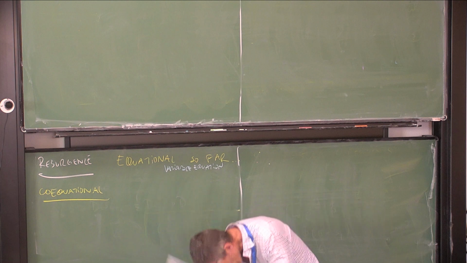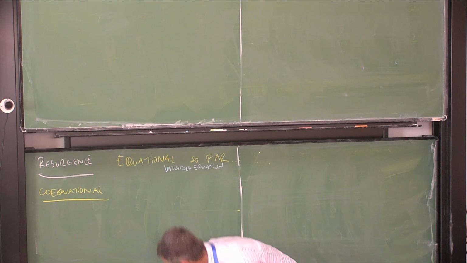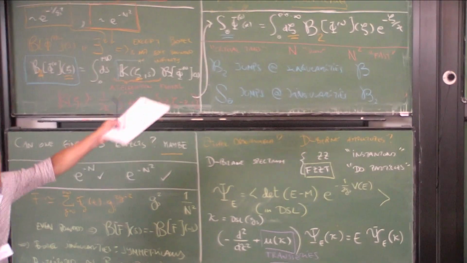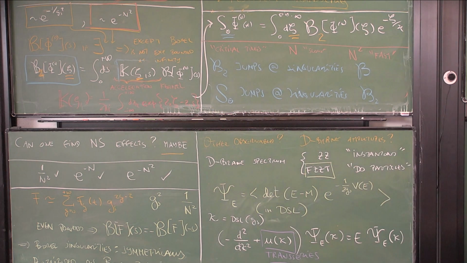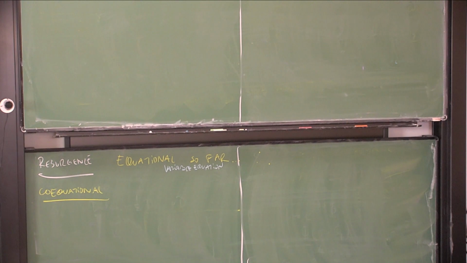For example, when I was talking about the trans series being the solution to some nonlinear ODE, actually in the blackboards I just erased, you could think that that was an equational case because I was doing resurgence, asymptotic expansions in the parameter of the equation.